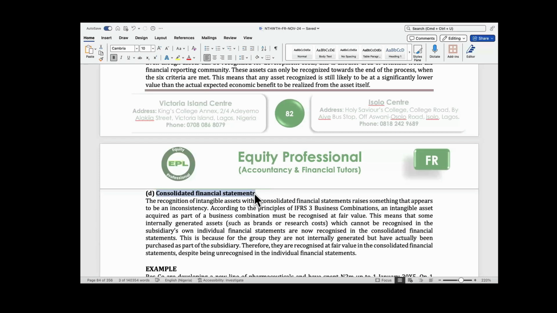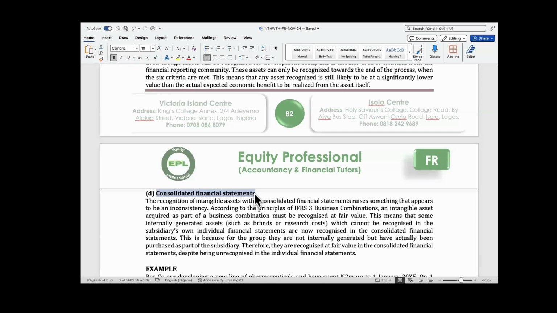I've explained one of them to you for goodwill. Because a parent is acquiring and paying for these items, we can easily get a value for them, whether brand name or goodwill. We can say this is the amount it is because somebody has paid for the asset. Any amount above the net assets, we can describe as goodwill.